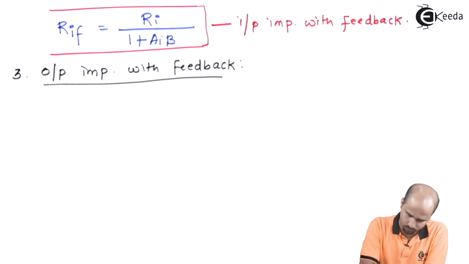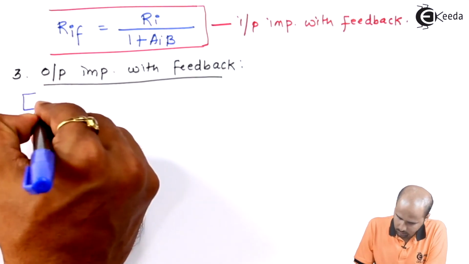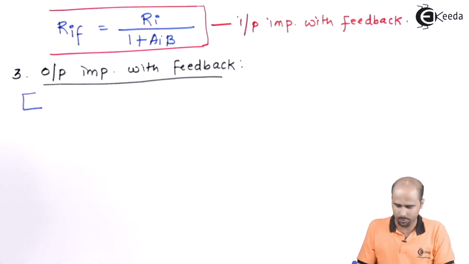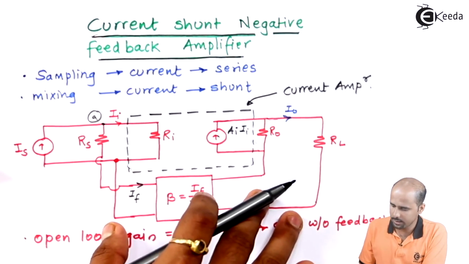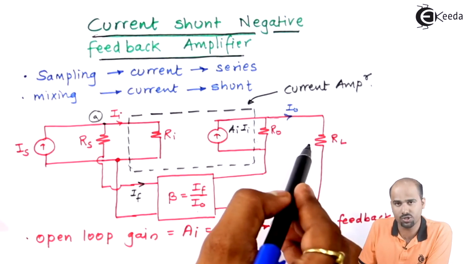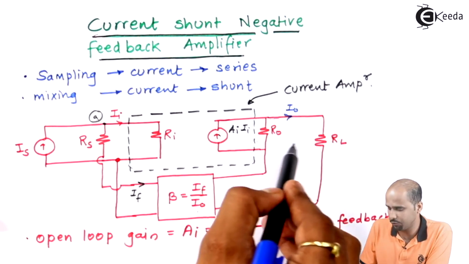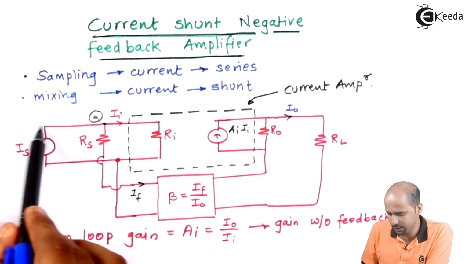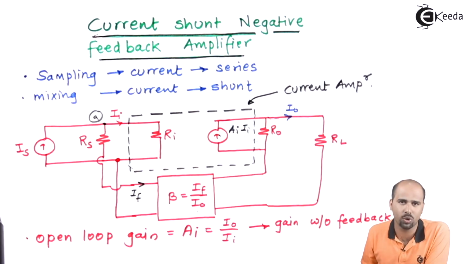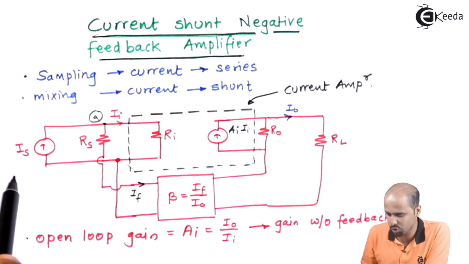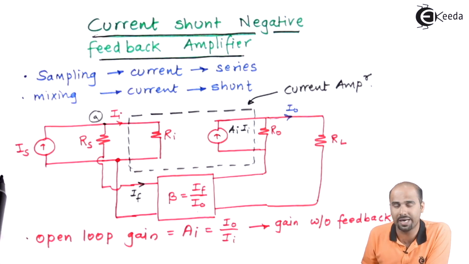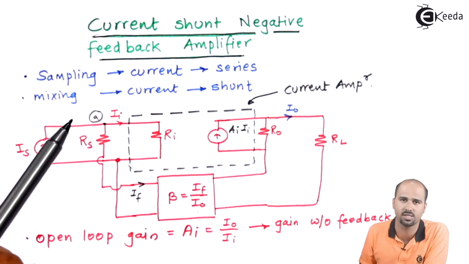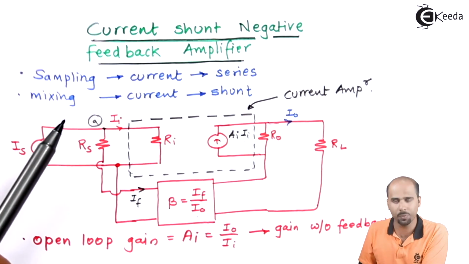Now for that, note that as far as this current shunt negative feedback amplifier is considered, I know that at the output side I have to have the voltage source, which is nothing but the supply, and at the input side I want to have the current source, which should be replaced by its internal resistance. As the current source has infinite internal resistance, I will open this current source.